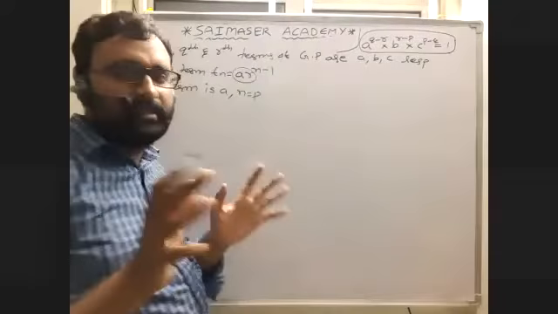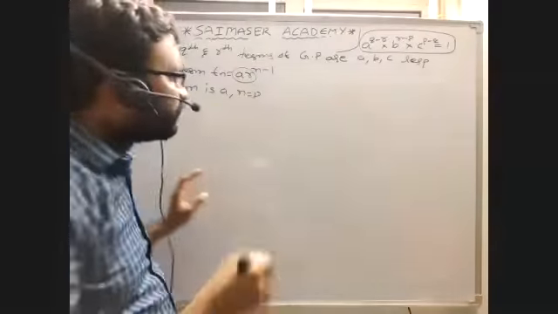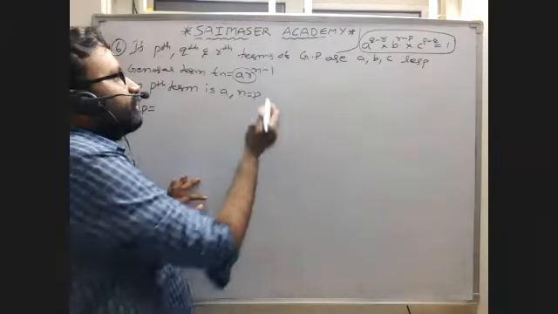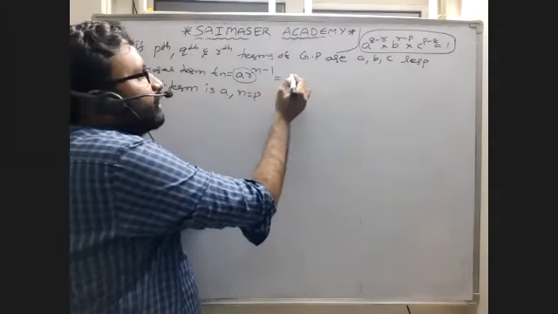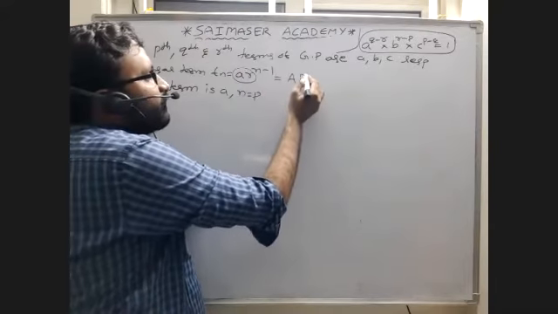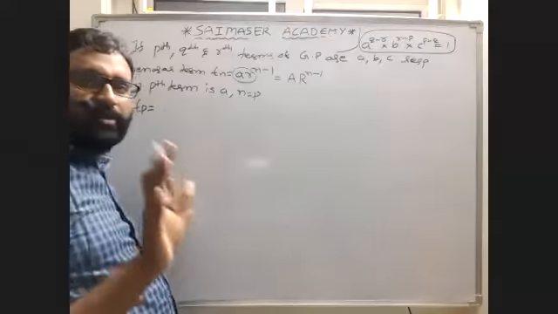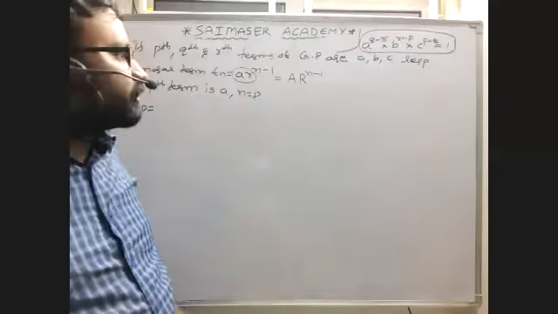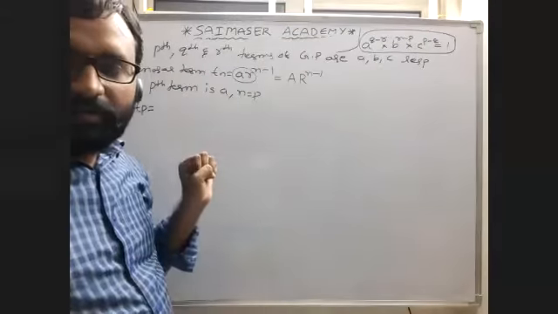Just I'm writing in a different form: instead of small letters, I'm taking capital letters. This I'm writing as capital A capital R power n minus 1. This is the formula now. Our formula is what now? This is our formula. Okay? Now, by using this formula, we will solve.